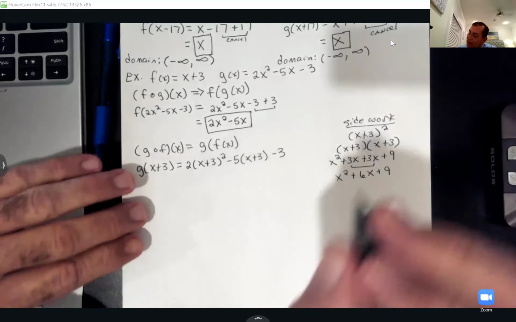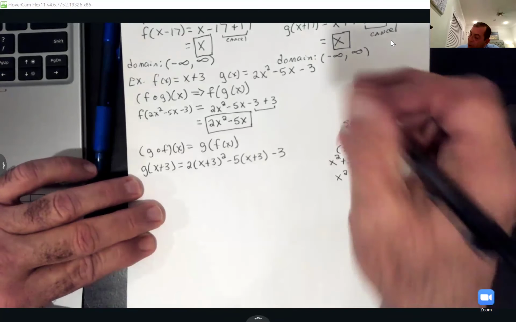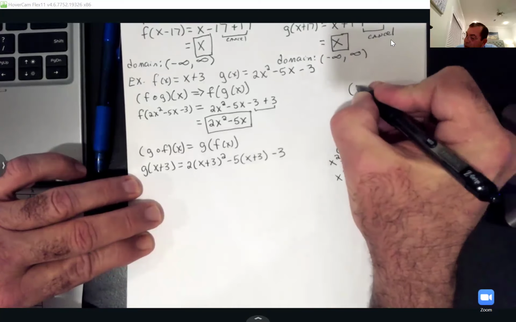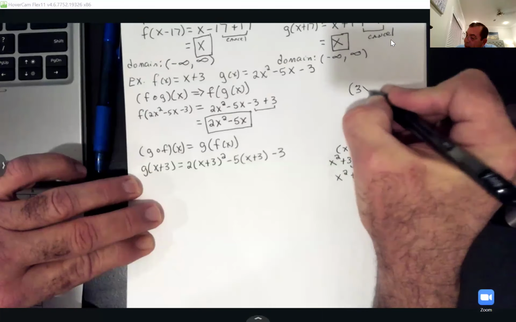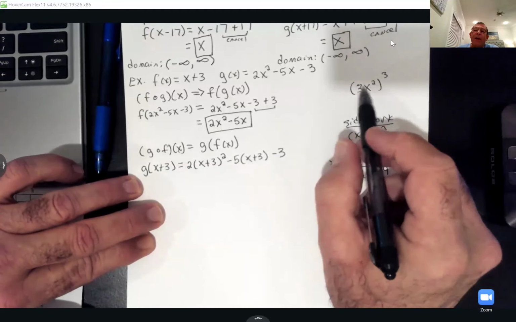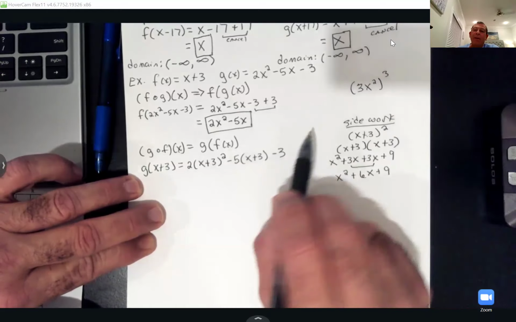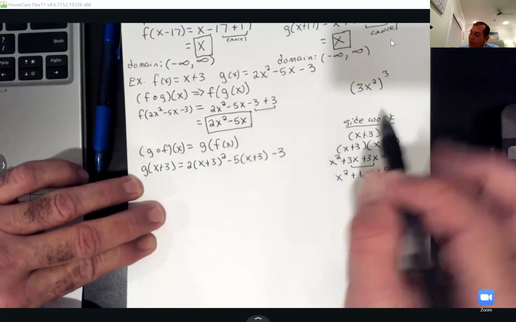Now, I will say this. You can distribute exponents, but when you distribute exponents, you got to have stuff like 3x squared, maybe to the third. If everything's being multiplied, then you can distribute the exponent and be done. But what's hurting us is that adding on this one.